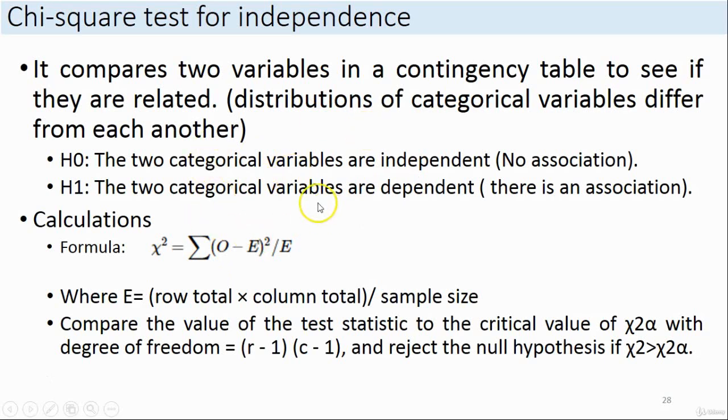And here again the formula is (O minus E) squared by E, O for observed, E for expected. And this is obtained like this; I will show you during the hands-on. Degree of freedom is (R minus 1)(C minus 1), where R is the number of rows and C the number of columns. Okay, so these are the two tests.